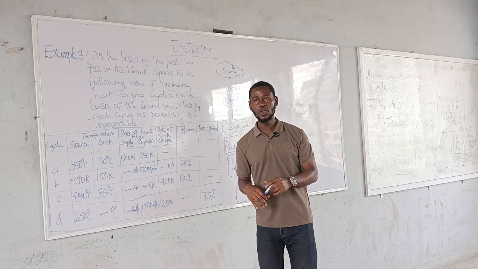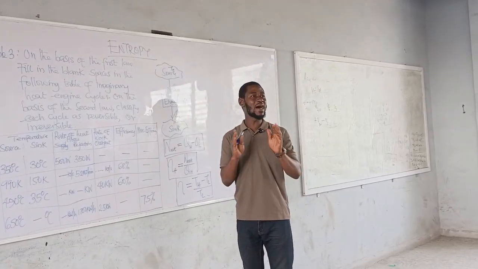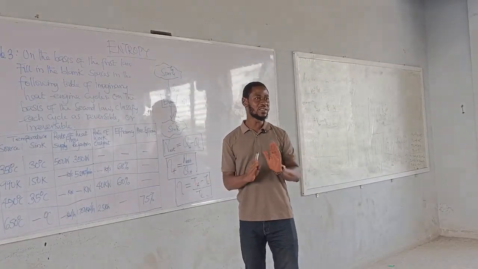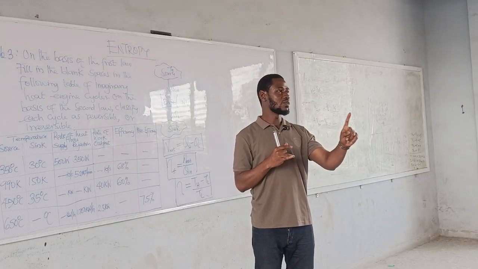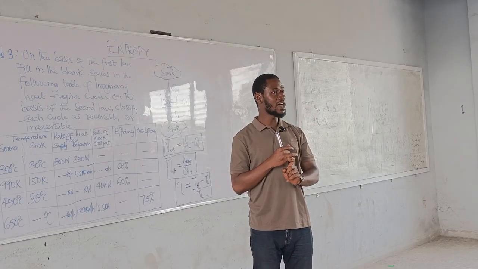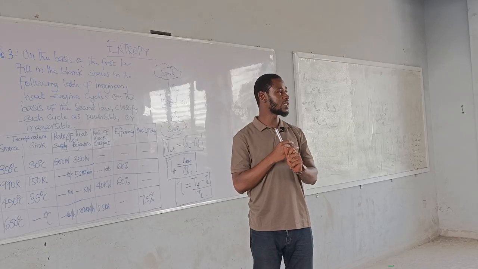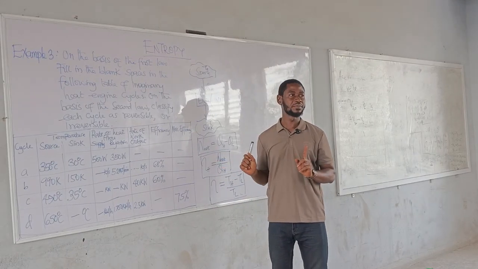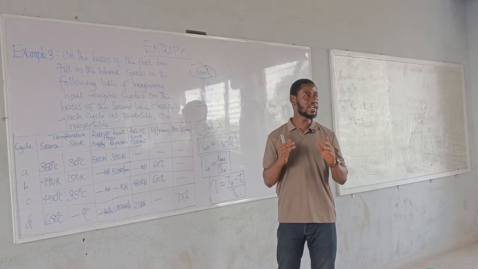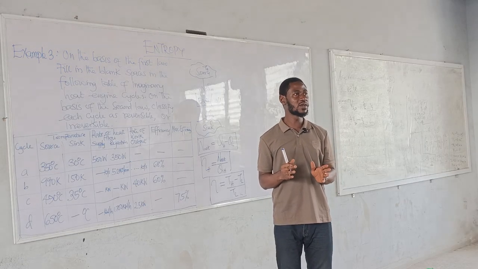So following the normal problem solving techniques, list out the given data. Step 2, tell us what you are asked to determine in the question, which are 1, 2, 3. The next one is bring out your assumptions.